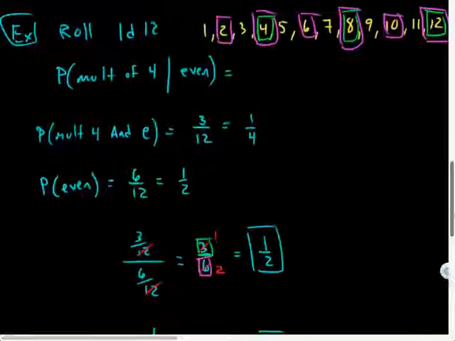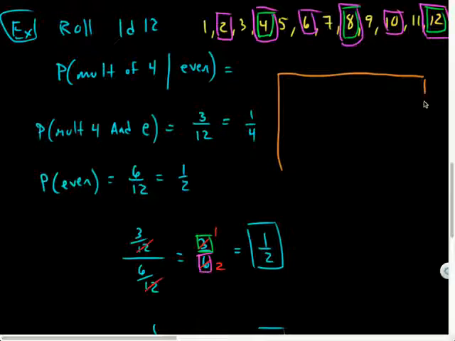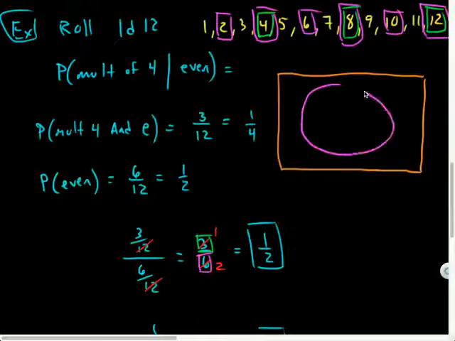Let's see, here's our second example. In this case, if I drew a Venn diagram, let's see. All right, I do want to point out that the one formula works every time, so that's why you don't have to know this technique. All right, and if I drew the even numbers, right, what would the Venn diagram look like if I wanted to draw where the multiples of 4 existed?